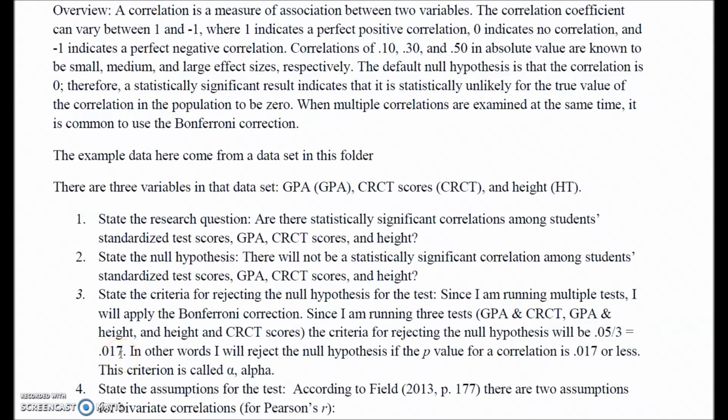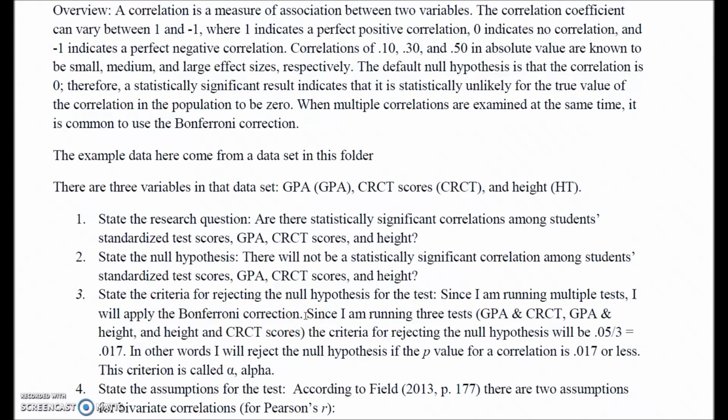This means I reject my null hypothesis if the p-value is equal to or less than 0.017. If I have 4 variables, I divide 0.05 by 4. If I have 5 variables, I divide by 5. This is really very important to know, and it is called the Bonferroni correction.